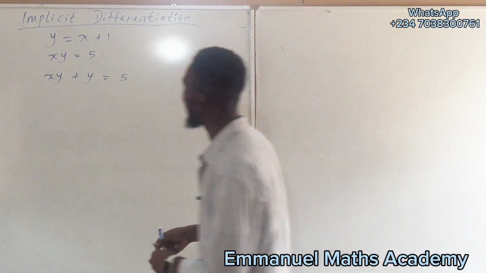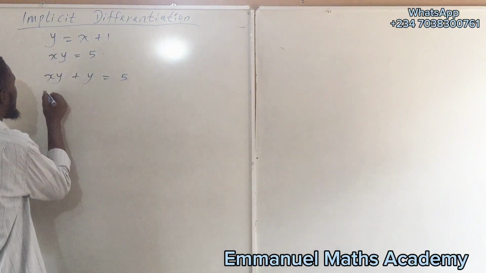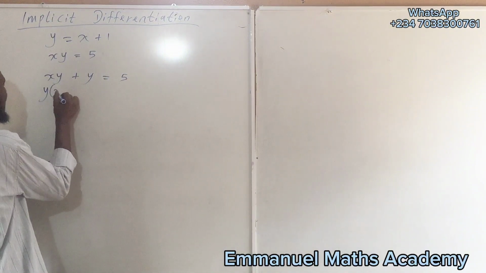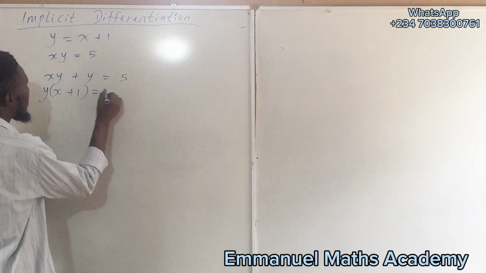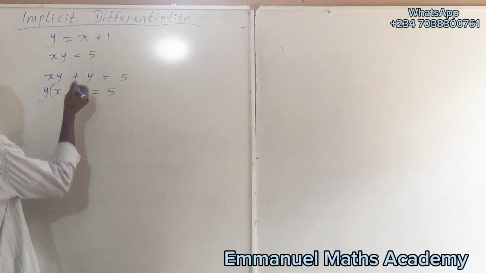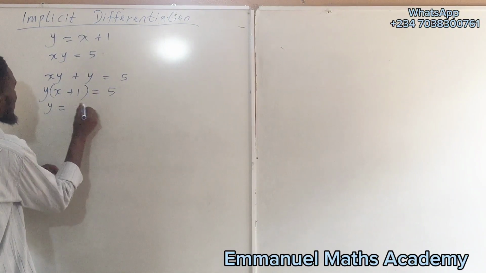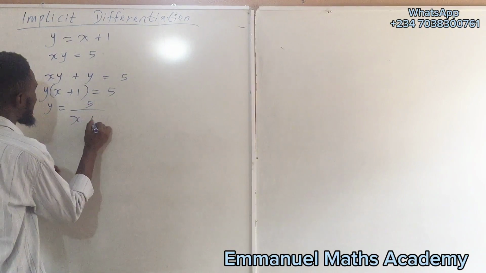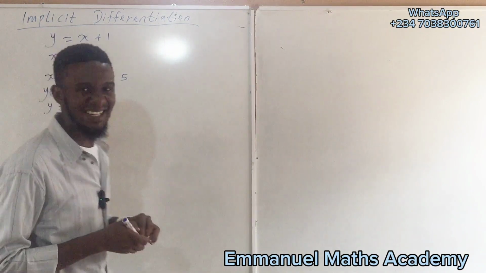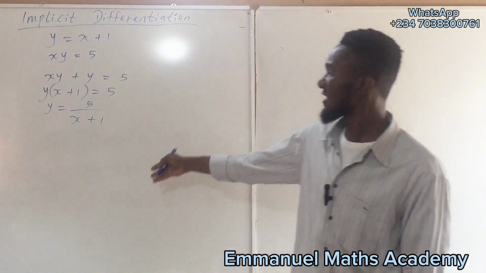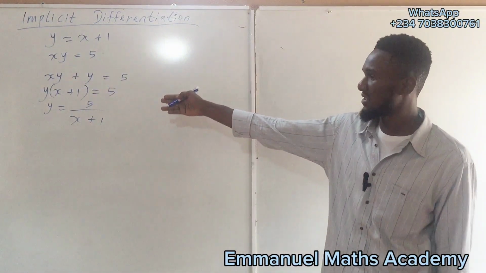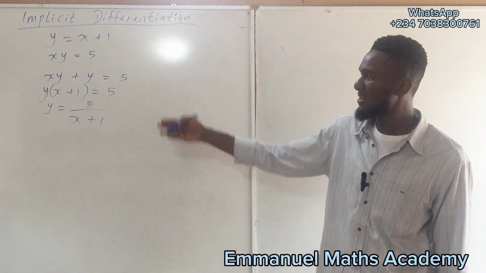You can just factor out y, which will give you y into bracket x plus 1 equal to 5. Then making y the subject of the formula, you now have y equal to 5 over x plus 1. Is that clear? You can see that I have just expressed this implicit form in explicit form.